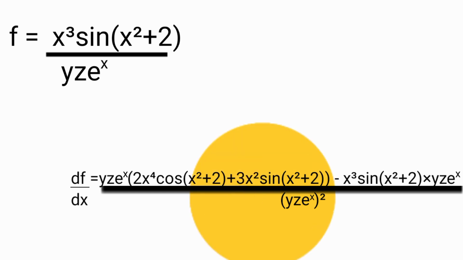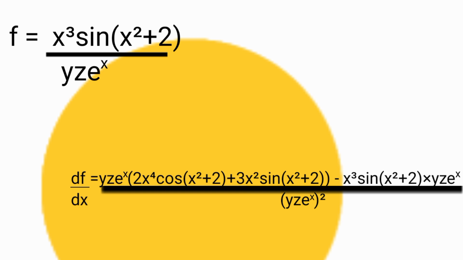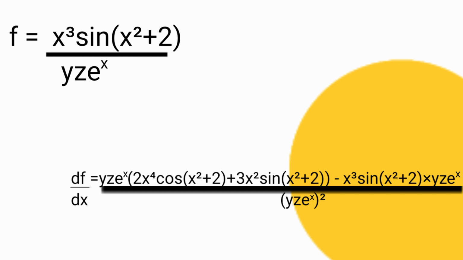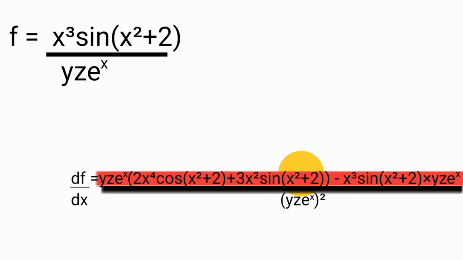So now df/dx is equal to y z exponential x, open bracket, 2x to the power 4 cos of x squared plus 2 plus 3x squared sine of x squared plus 2, minus x cubed sine of x squared plus 2 times y z exponential x, all over y z exponential x all squared. Here we can factor out y z exponential x since it is a common factor.